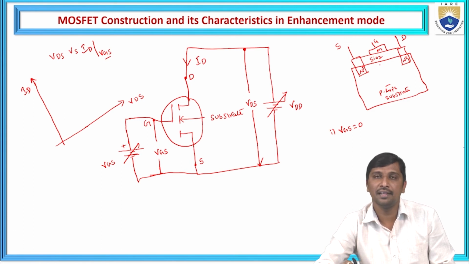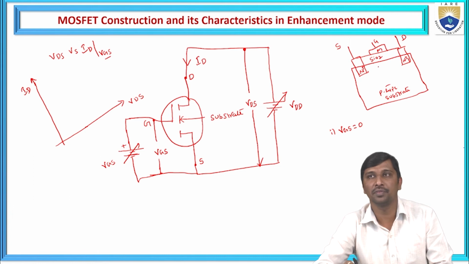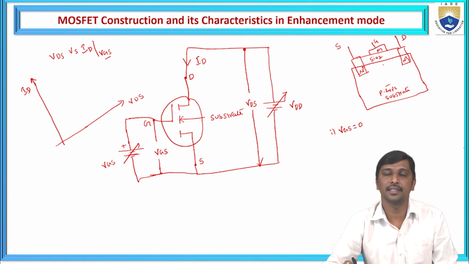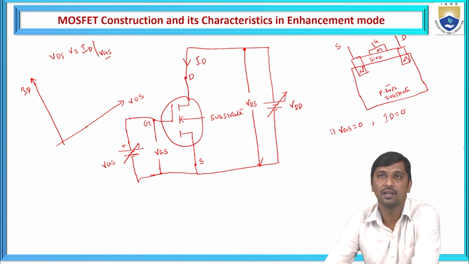With no channel, there is no proper movement of charge carriers, and none of the charge carriers reach the drain side to allow conduction across the MOSFET. Hence, at this point the drain current is 0.